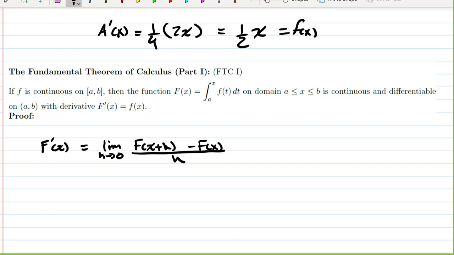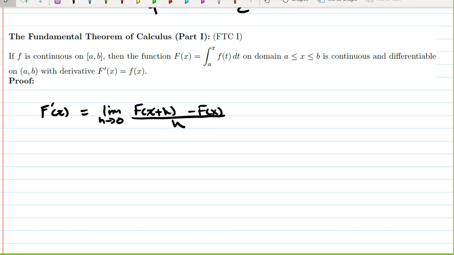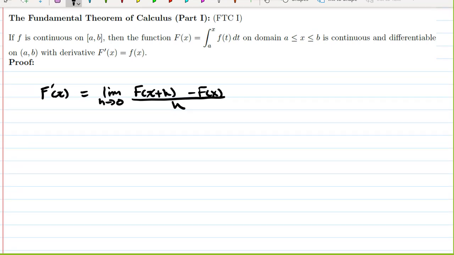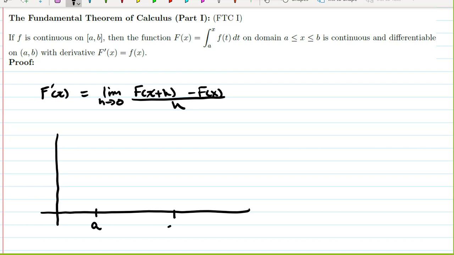So if we have F of x plus h, F of x is this integral. So let's draw a picture to help us visualize what's happening. So I have a, I'm going to have x, and then I'm going to have x plus h.